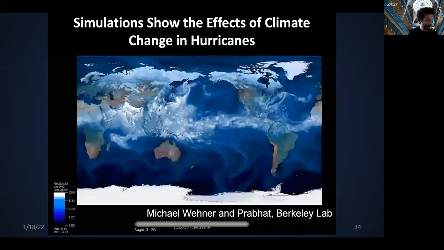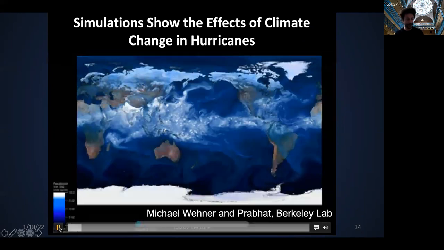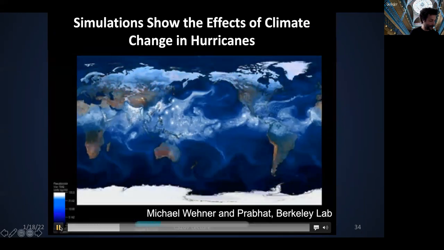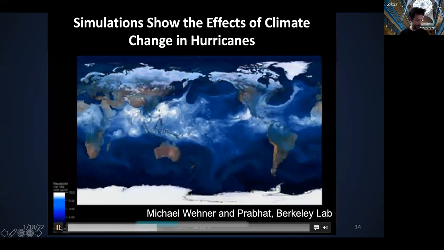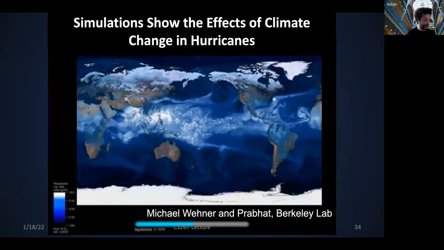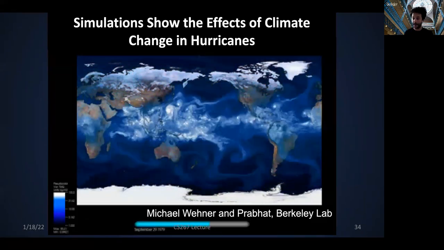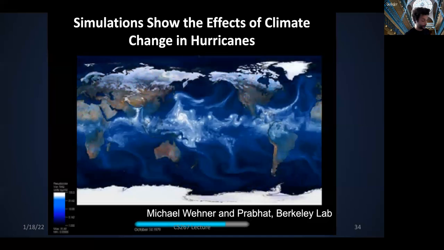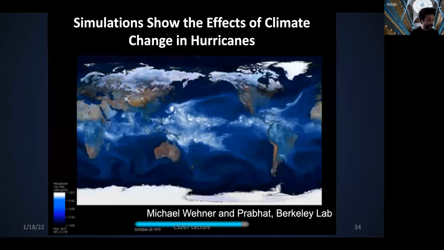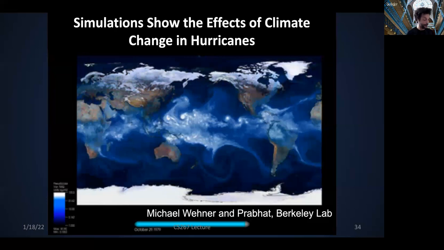I'm hoping this resolution will be good, but this just shows a simulation of what would happen to the globe if the climate warms up by a couple of degrees. And here you can see certain hurricanes are forming. The way this is mapped to a supercomputer is you divide up your globe into certain shapes. There are obviously preferred methods over others.